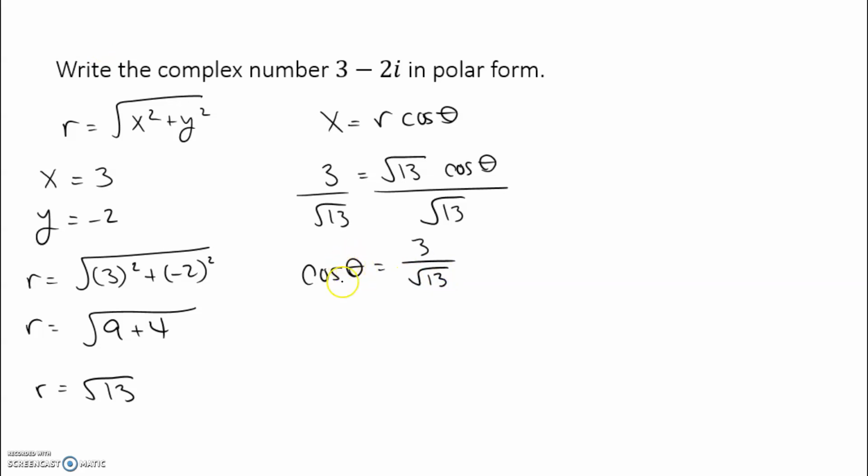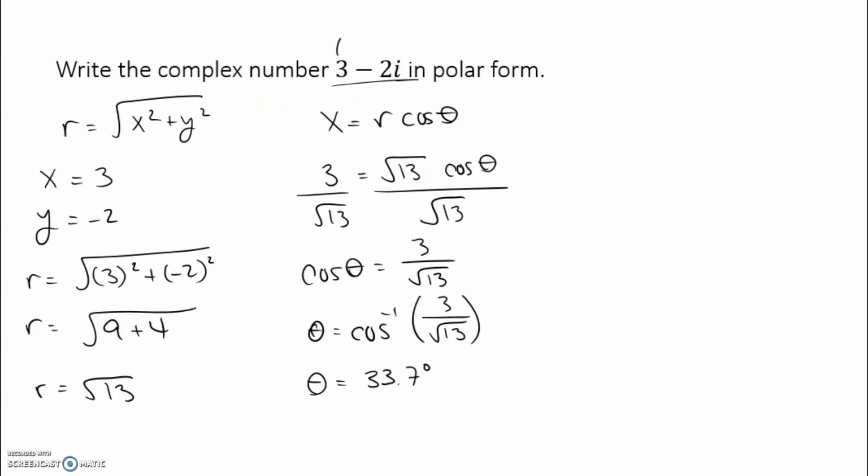I need to find just the argument, so I'm going to move cosine over to get the inverse cosine of 3 over the square root of 13, which my calculator will give me 33.7 degrees.